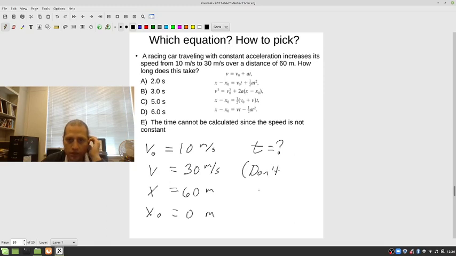And in this case, you don't know a, the acceleration. And so when you're looking at your possibilities for this constant acceleration model, you have to go now and pick an equation that doesn't have an a in it. This is your only such equation, and now you're off to the races. Go ahead, stick in all the numbers, and solve for t. I'll let you do that.